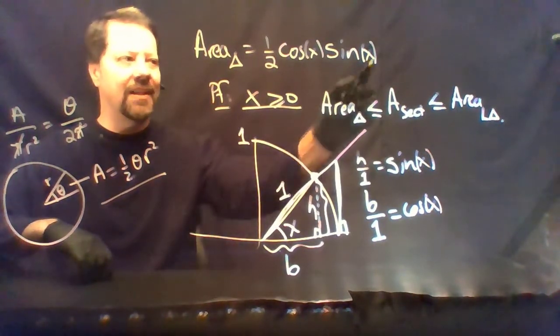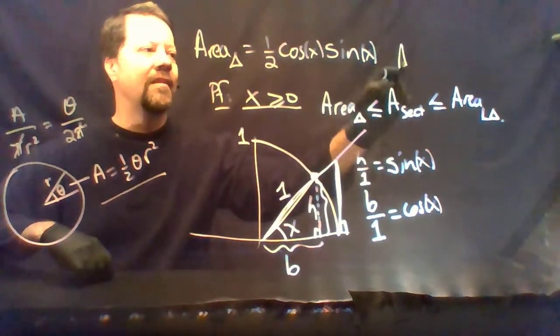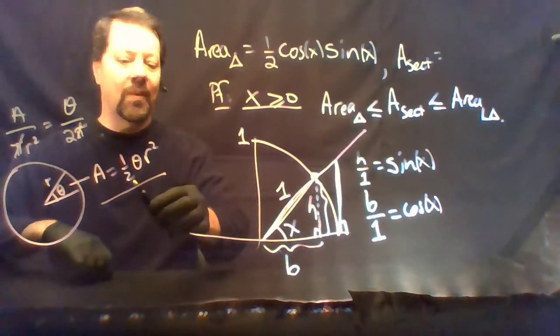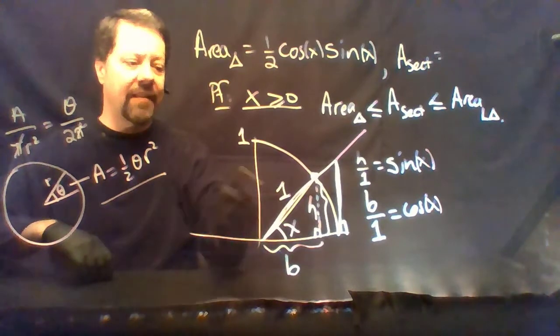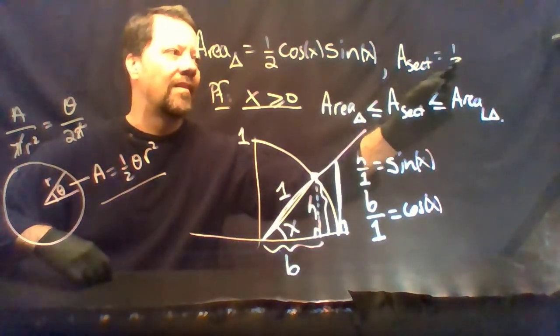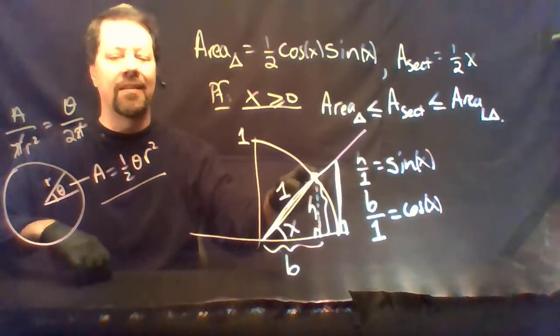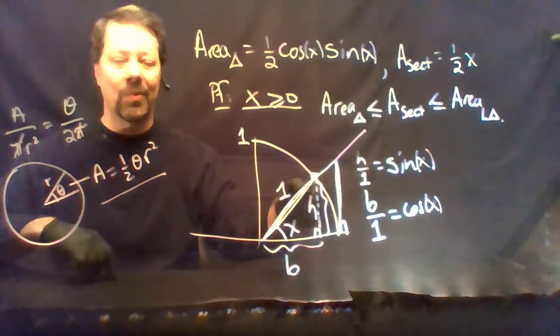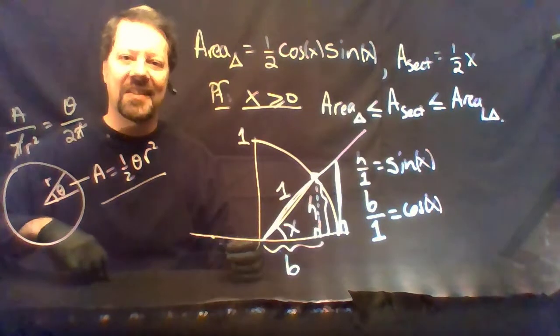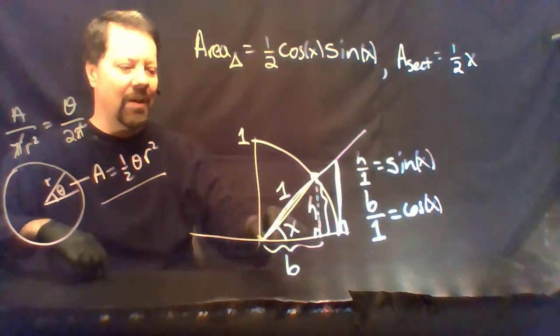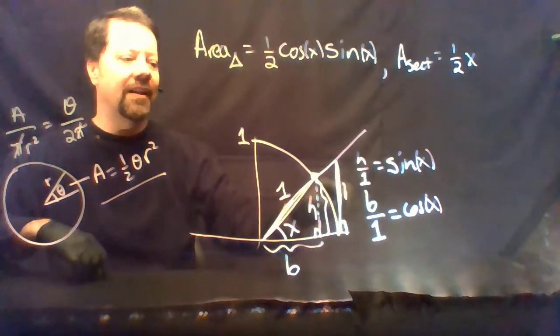It follows then that for us, the area of the sector is 1/2, the angle theta is x, and r is 1, so r squared is 1. The area of the sector is 1/2 x. Now, what about the area of the large triangle?